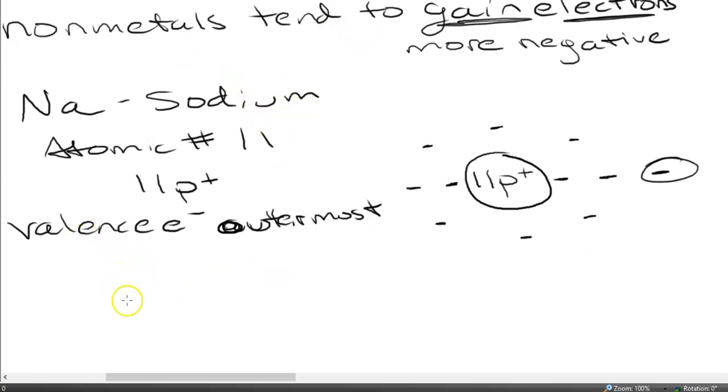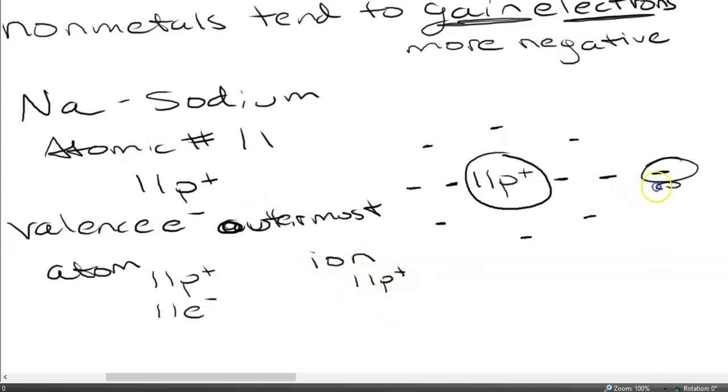So here's what happens. Sodium typically has 11 protons and 11 electrons as an atom. Once it becomes an ion, though, it's still going to have its 11 protons, but it's going to lose this electron out here. This electron is going to get taken away by another atom.